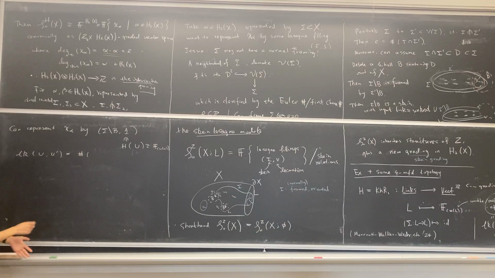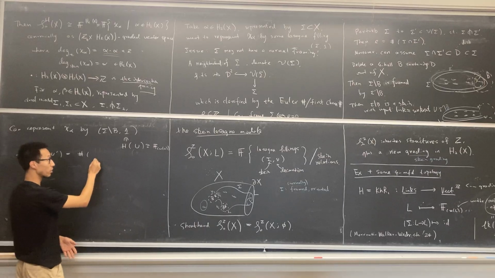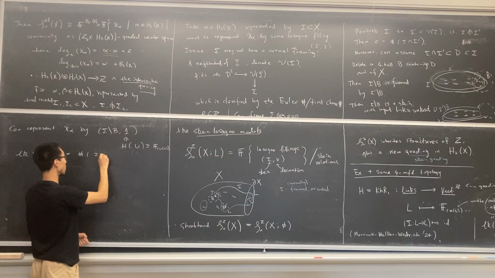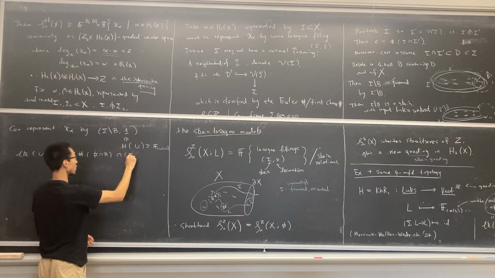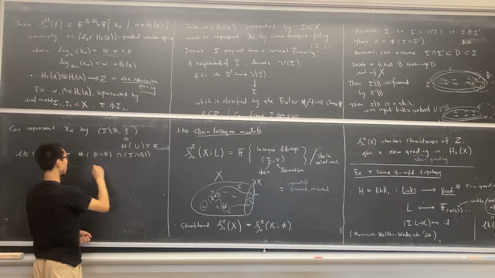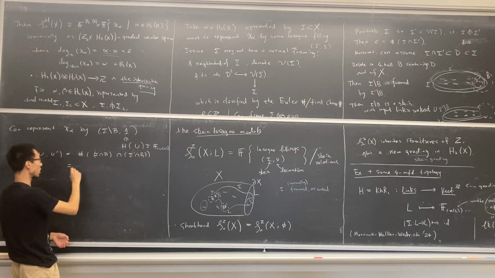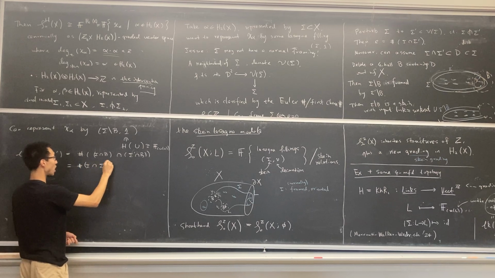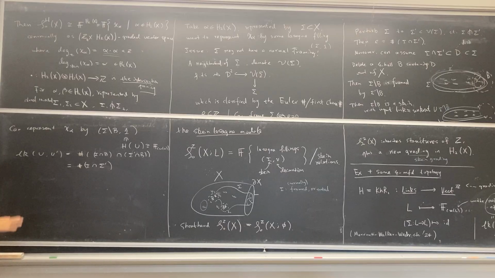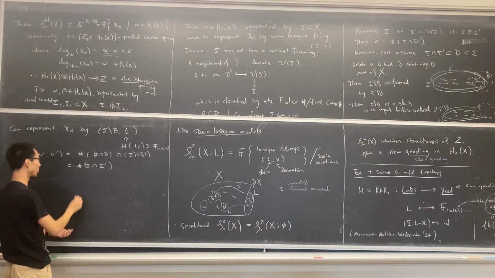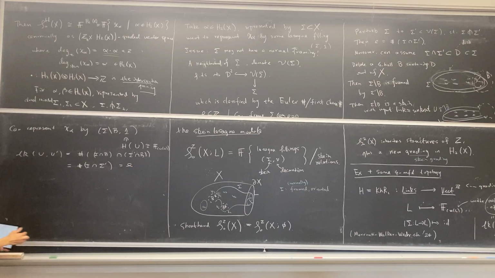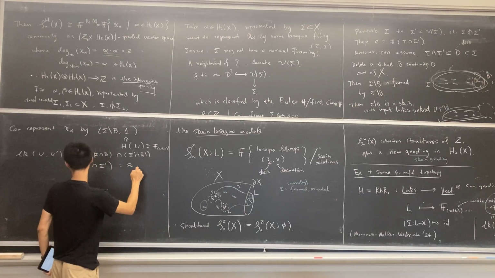Given that description, I can rewrite the self-linking number as the algebraic count of the intersection between sigma intersect B and sigma prime intersect B, which is the same as the count of sigma intersect sigma prime, because every intersection is contained inside B. But this is exactly our owner number.